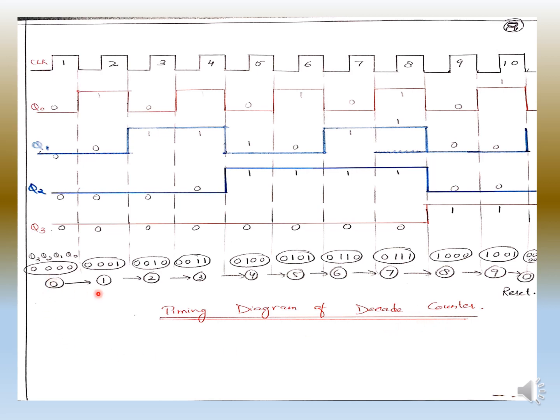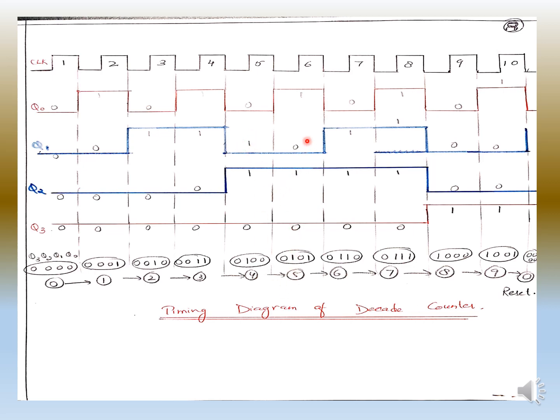And then you can cross verify here what states it is counting. You can see here 0, 0, 0, 0. So it is the 0 state. Then it is 0, 0, 0, 1. Then 0, 0, 1, 0. Then 0, 0, 1, 1. Then 0, 1, 0, 0. It's not 1, it is 0 here, I have written it by mistake.